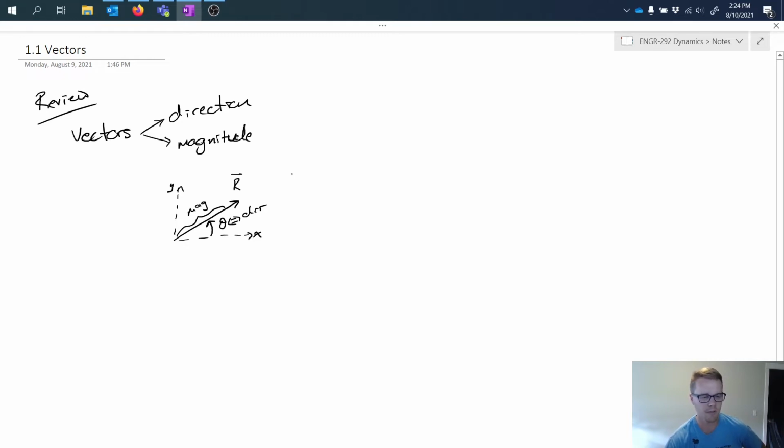We're not going to give it a specific quantity. This vector could be specified as being 10 units long with an angle of, let's call it 20 degrees, just to make something up.